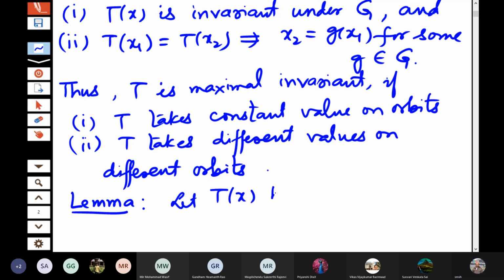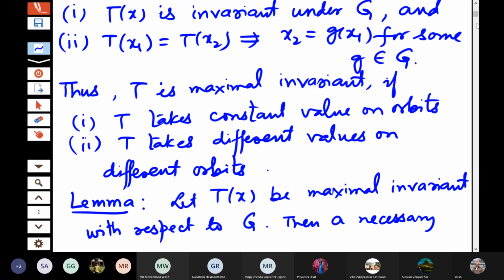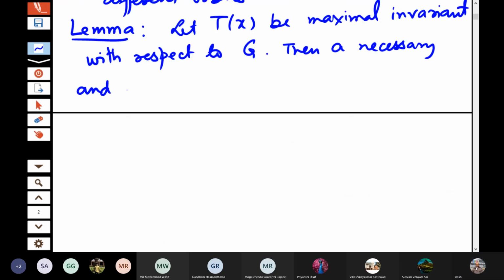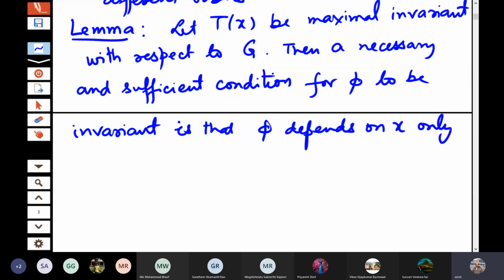Let T(x) be maximal invariant with respect to G. Then a necessary and sufficient condition for phi to be invariant is that phi depends on x only through T(x).